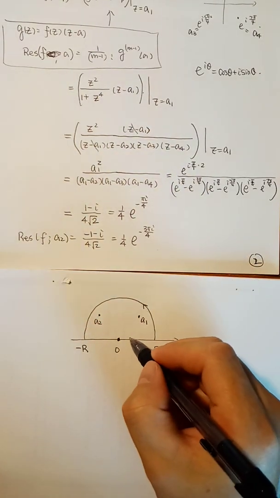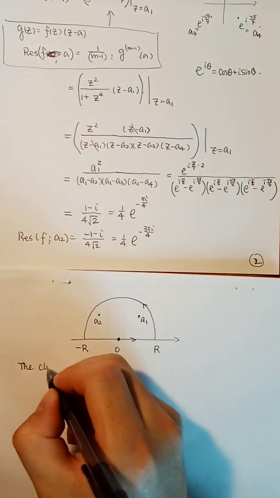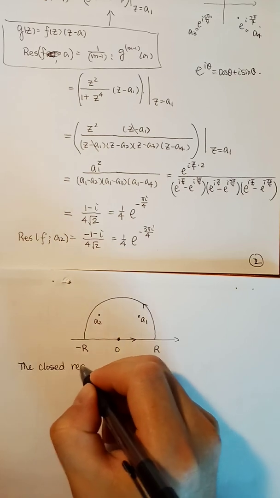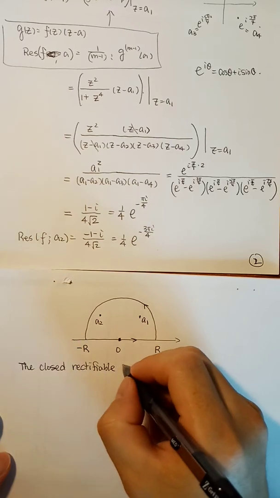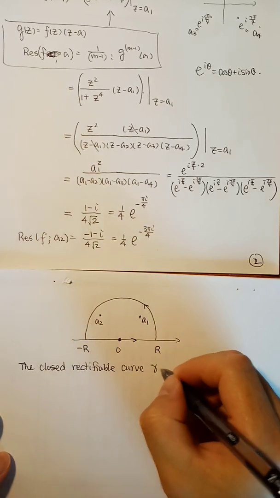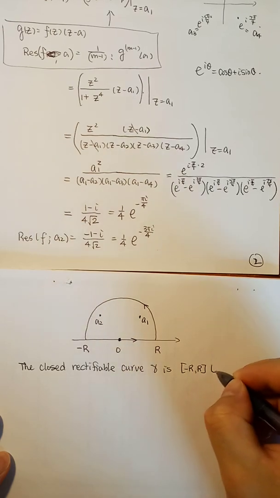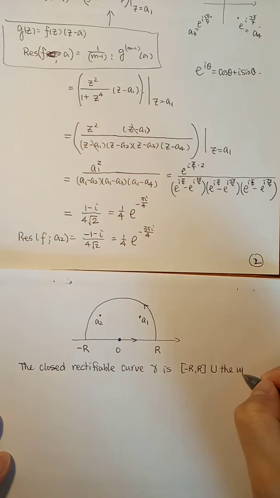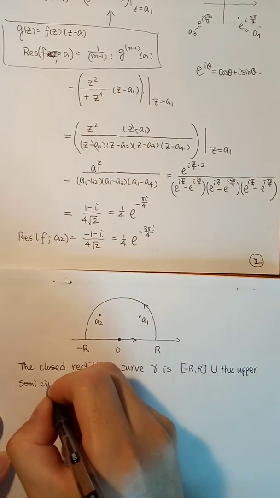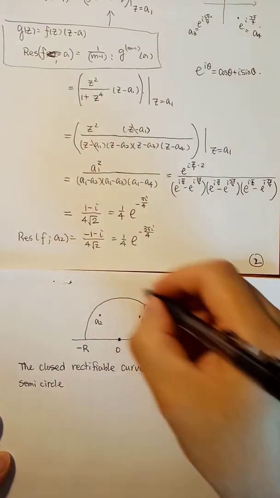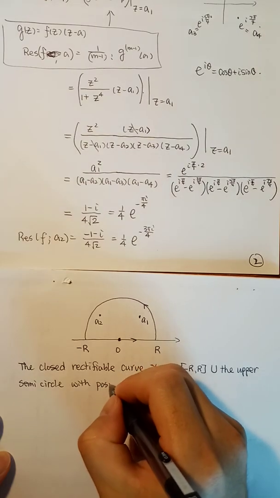What is a closed rectifiable curve? The closed rectifiable curve gamma is the interval negative R to positive R union the upper semicircle counterclockwise with positive orientation.